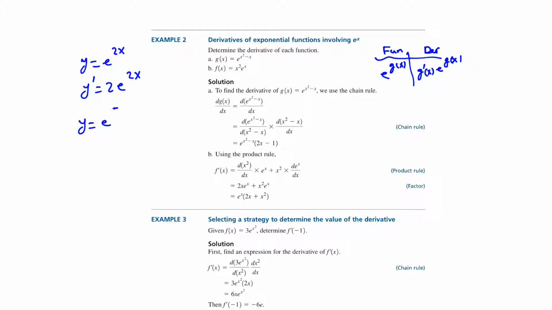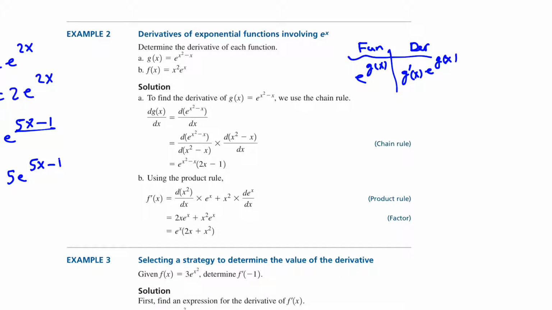The derivative of e to the power of 5x minus 1 is 5e to the power of 5x minus 1. g of x here is 5x minus 1. Let's find the derivative of g of x equals e to the power of x squared minus x. The derivative would be (2x minus 1) times e to the power of x squared minus x by using the chain rule.